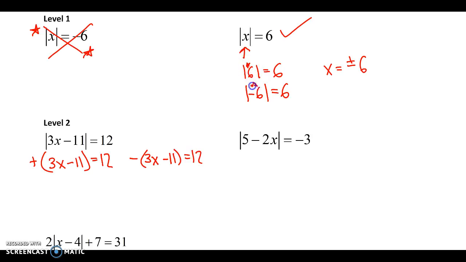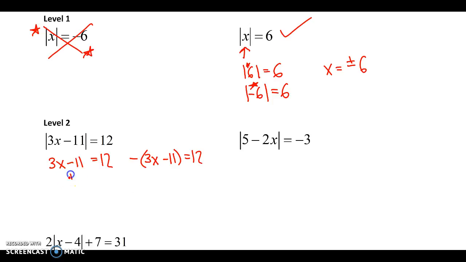If I plug in +6 or -6, the output's going to be the same. Now, we don't have a number here, we have an equation, so I'm just taking the positive version of whatever this number is and the negative version of whatever this number is. Obviously, the positive number is not going to change it, so you really just have what you see and then the negative version of that. And that's one way to look at it.